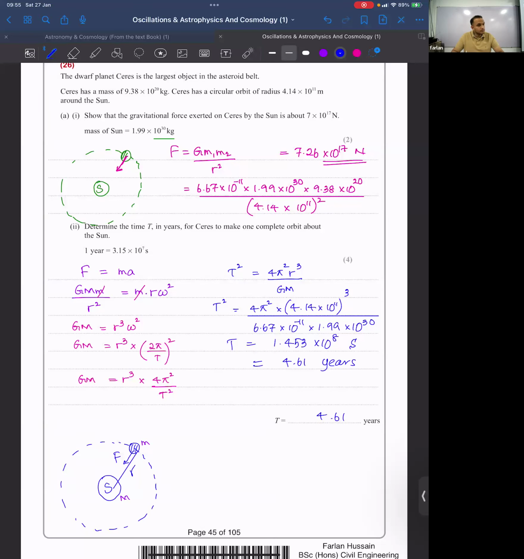So why do we take the mass of the sun without any acceleration? Now, I have taken the mass of the sun to be capital M, mass of the dwarf planet to be simple m. So when I initially used the equation, G M m over R square, that is what accelerated. The sun is not accelerating.